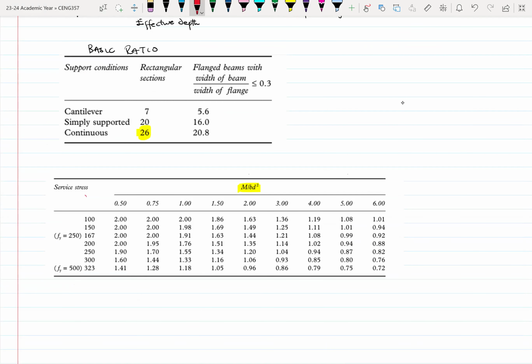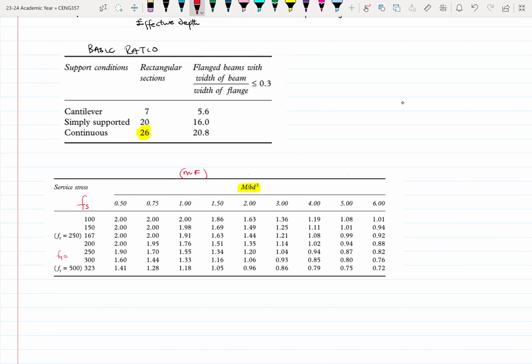This is supposed to be our service stress Fs, with Fy equal to 500. If Fy is some other value, there's a way to calculate the service stress straight away. Once we find the service stress and know our M over bd squared, we can determine what our modification factor would be. That we have done.